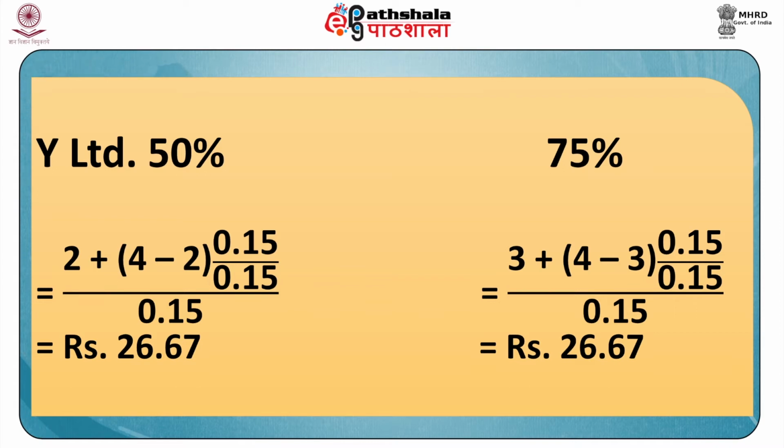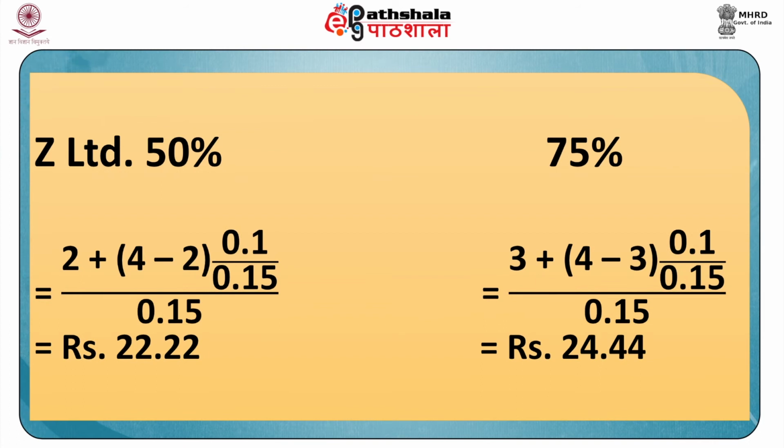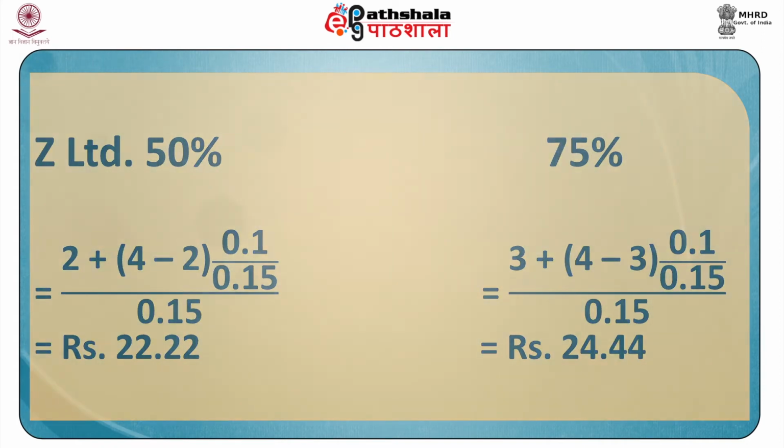And at 75%, when we put the values in the formula, we get the answer of rupees 26.67. For Z Limited, at 50%, we get rupees 22.22 as the answer, and at 75%, we get rupees 24.44.